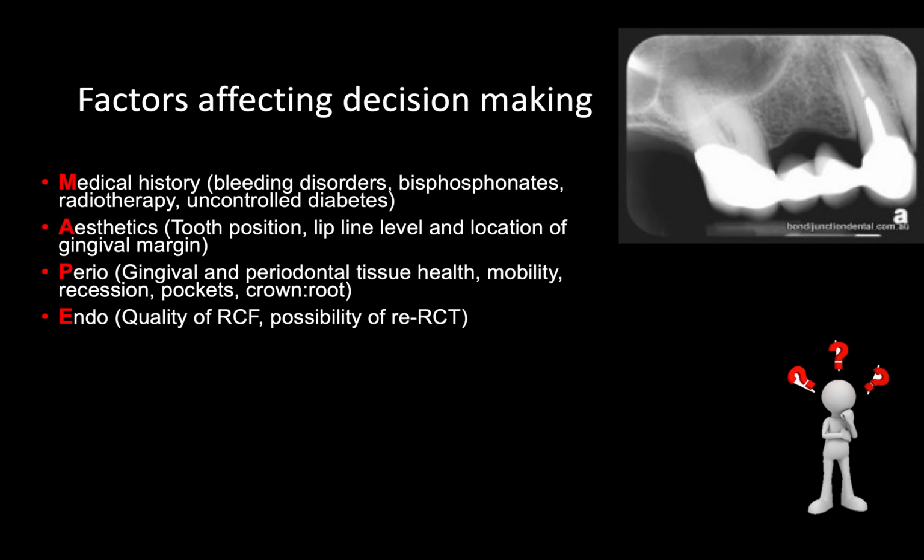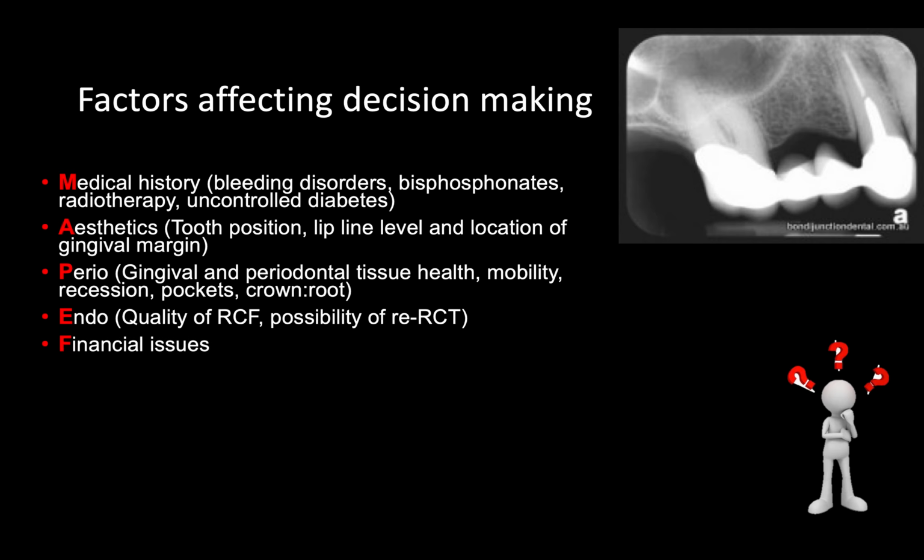Also, we should look at the quality of the root canal treatment that has already been done. If there is any chance to improve on it by non-surgical approaches, then we should attempt a non-surgical endodontic treatment before doing the surgery.